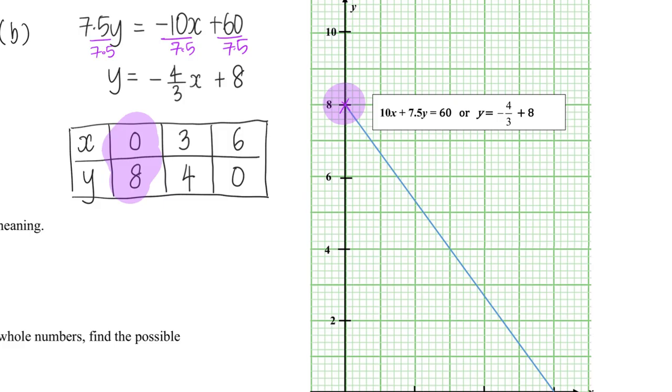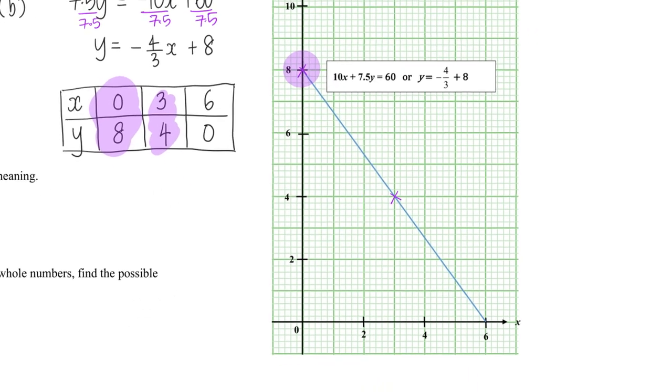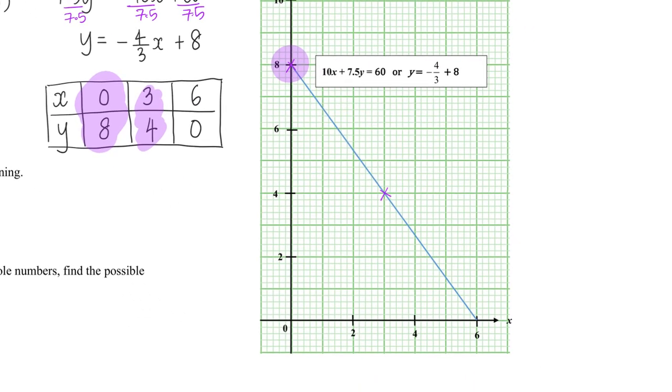When x is 3, y is 4, which is here. When x is 6, y is 0 here. And then connecting these 3 large points, it will give me a straight line.